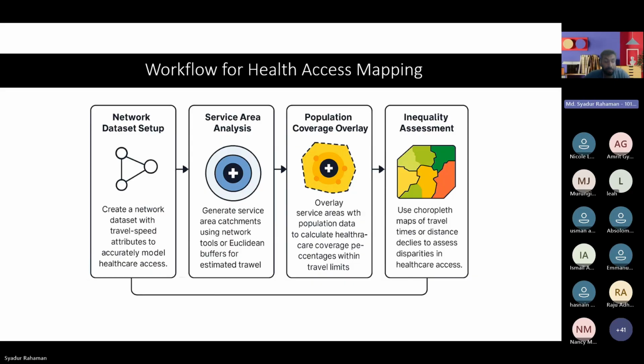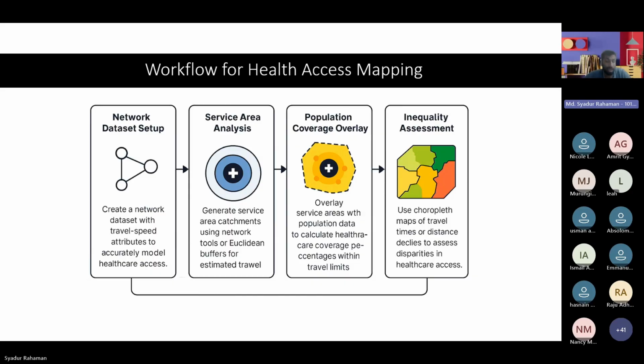Initially, we need to develop a network dataset with travel speed, like how much time you need from your location to the health service center. If it needs a higher time, it gives you a barrier to getting quick access to health services.